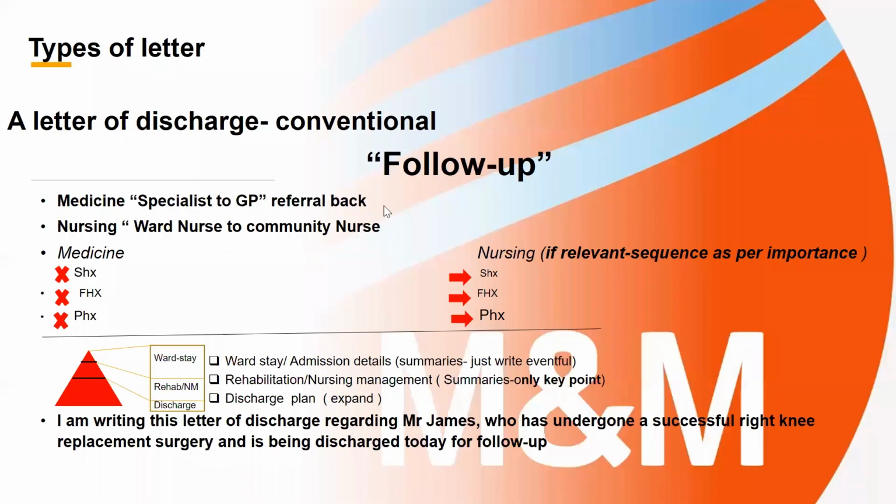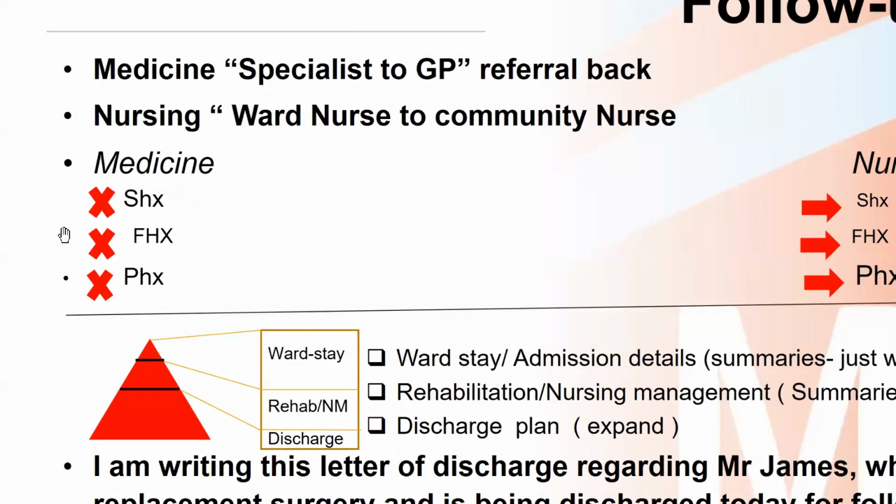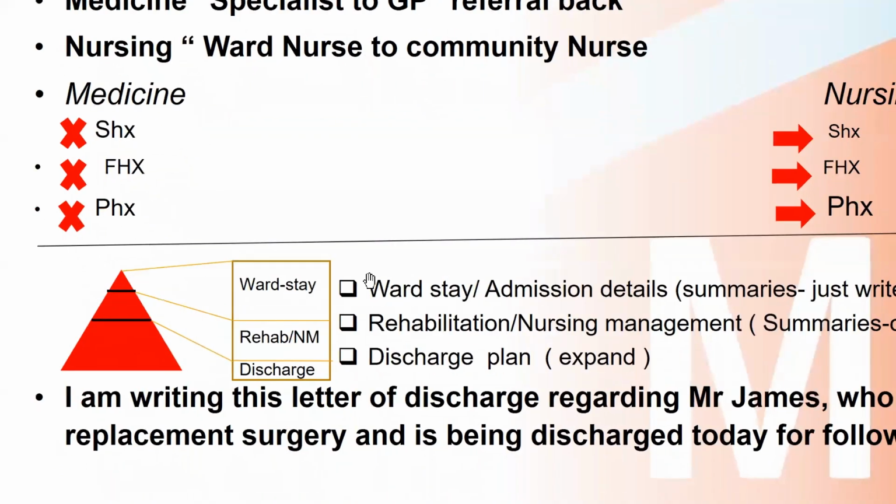Let's say a letter of discharge. Letter of discharge, basically the concept is the follow-up. As we will be discussing this letter of discharge with you, normally in a medicine letter, social history, family history, and past medical history is not relevant, right? So this is just a sketch diagram I've drawn for you so that you can better understand.